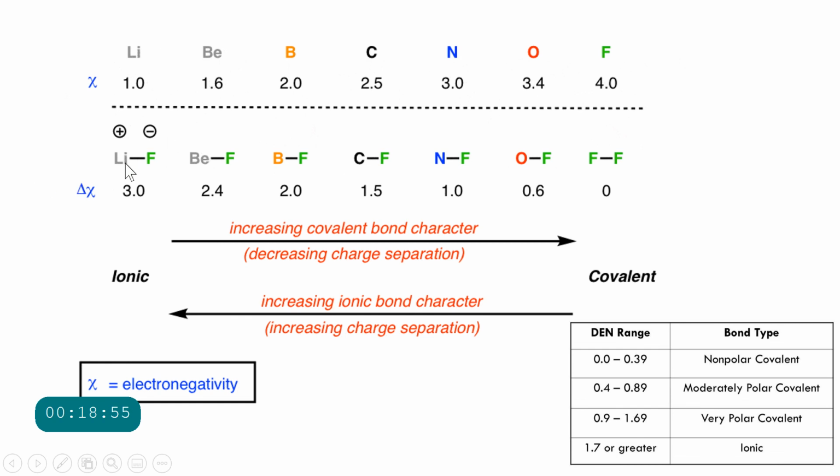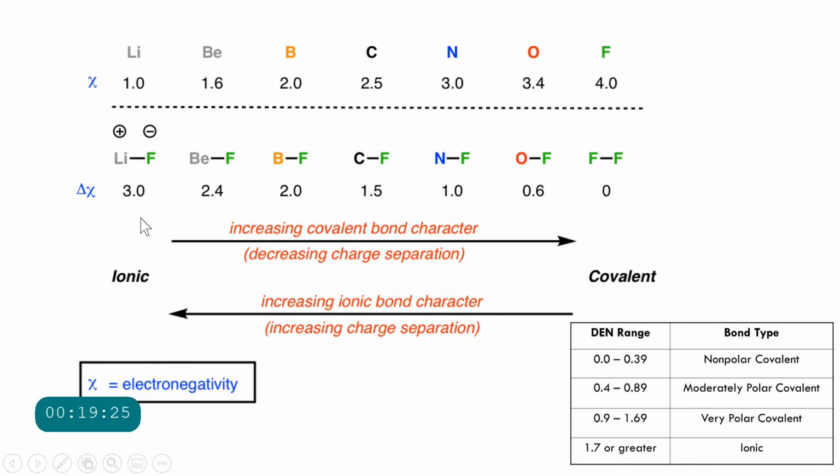So what's happening is when you have a lithium and a fluorine come together, you've got a 1.0 electronegativity and a 4.0 electronegativity. You just take the higher one, which is 4.0, and subtract your 1.0, giving you a 3.0 delta X. This is going to happen for all your mathy stuff.